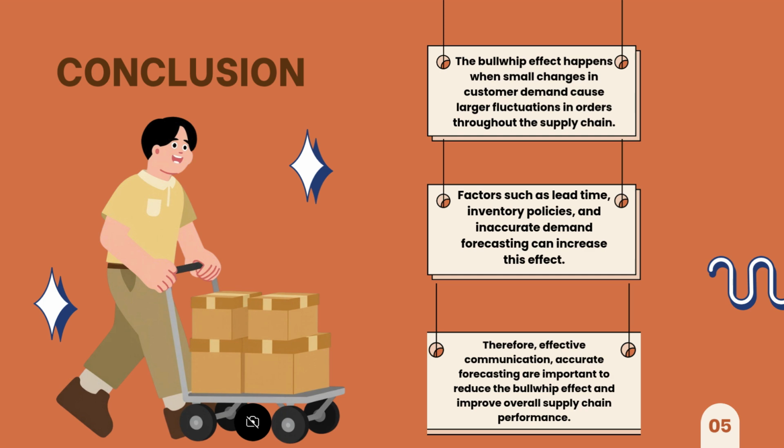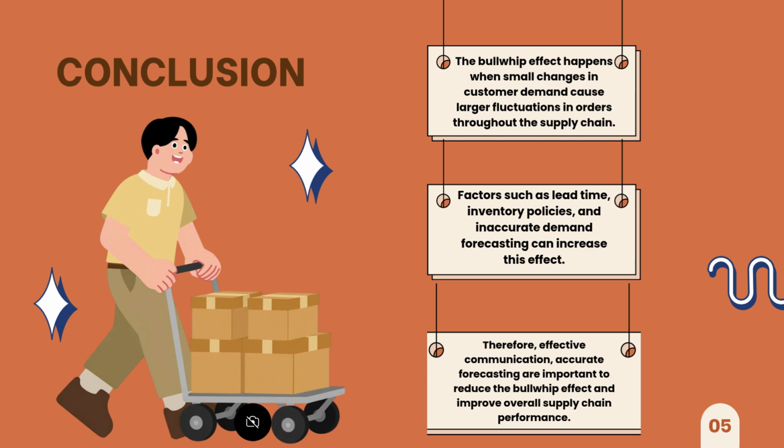As orders move from the retailer to the manufacturer, the variation becomes bigger, leading to problems such as excess inventory, stock shortages, higher costs, and inefficient operations. Therefore, effective communication, accurate forecasting, and better coordination among supply chain members are important to reduce the bullwhip effect and improve overall supply chain performance.